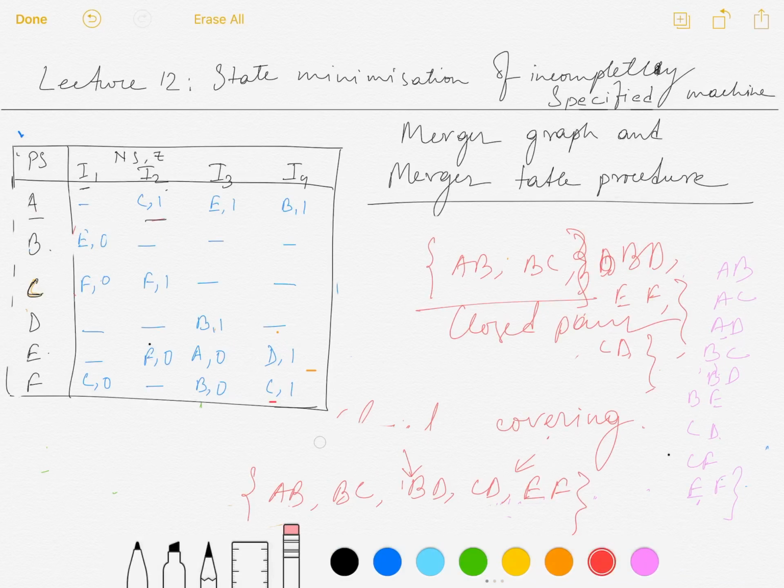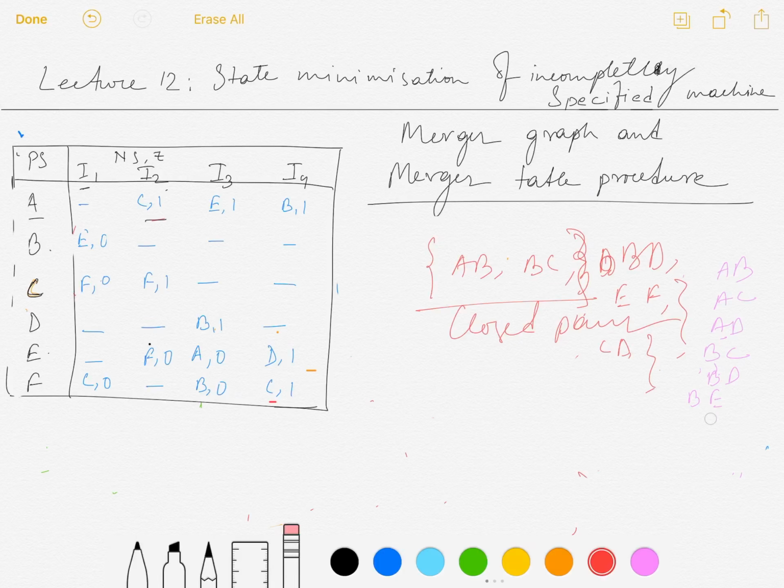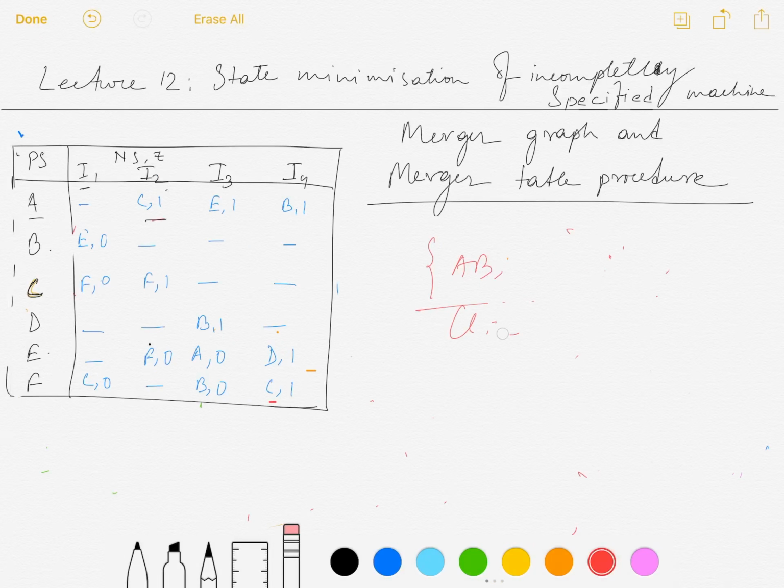The compatibility graph will help you identify the closed sets of compatibles, and whether they are covering or not. If I find all the possible solutions, it will be much easier for me to identify the minimal closed covering, and that would be my answer.